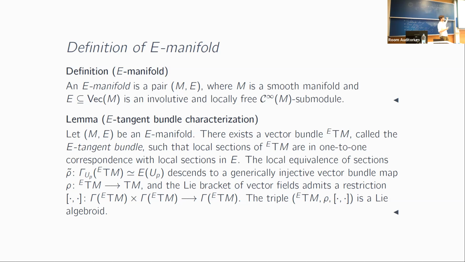Whenever you have this, you have a Lie algebroid with generically injective anchor. And I guess the other way around should work as well, but I haven't really gotten down to the computations. Because the proof basically uses local expressions and Serre-Swan's theorem for the equivalence, I expect the other arrow to be true as well.